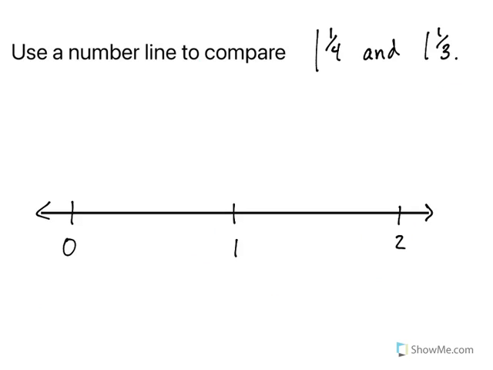Let's do another one. Let's compare 1 1/4 and 1 1/3. So again, these both start with 1, so they're going to be between 1 and 2. I'm first going to break this up into fourths. So we have 1/4, 2/4, and 3/4, knowing that the next whole number is the 4 out of 4.